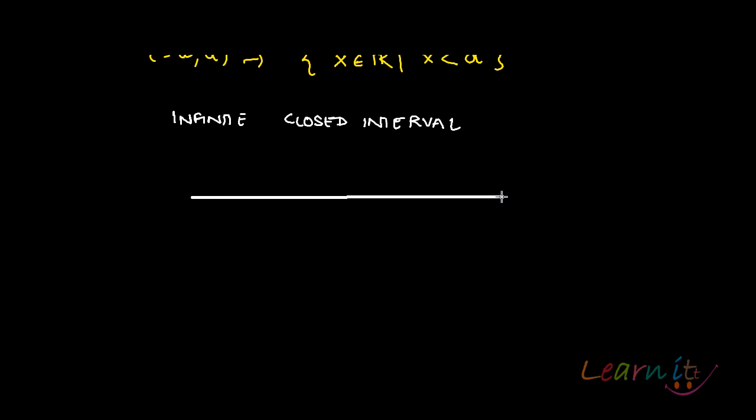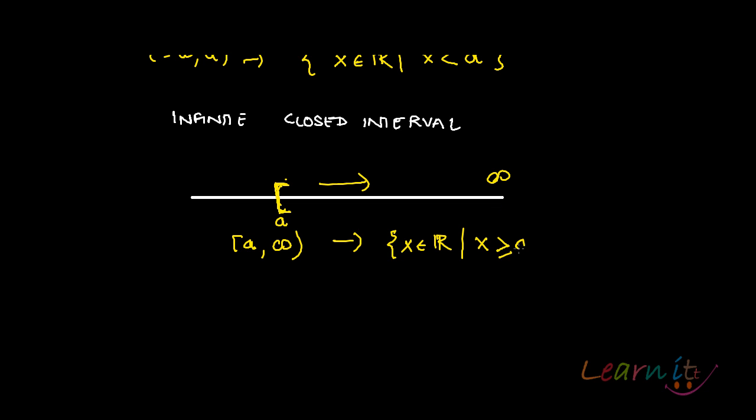If you have your number line starting at A, moving to infinity, an interval that includes A and above will be called an infinite closed interval. It includes all the real numbers greater than or equal to A. They can also be equal to A.